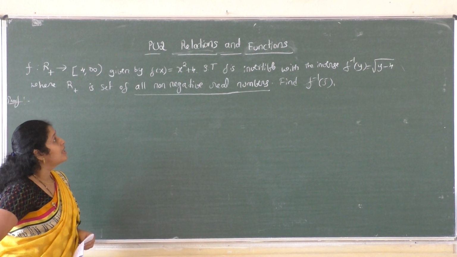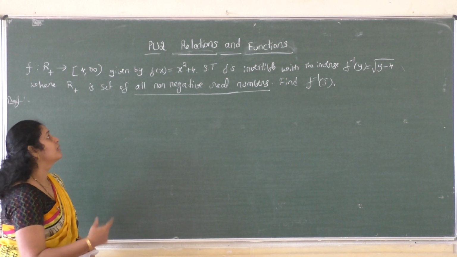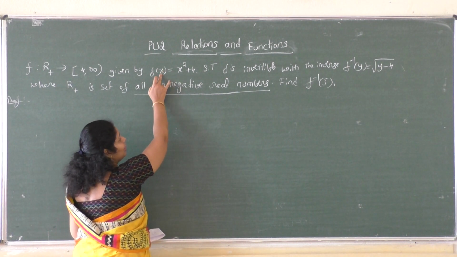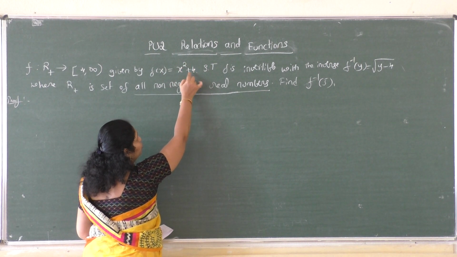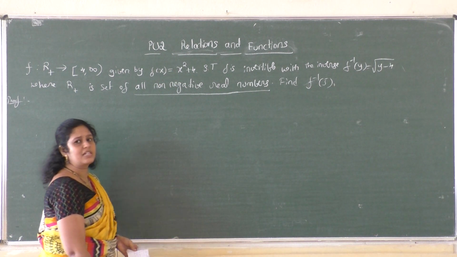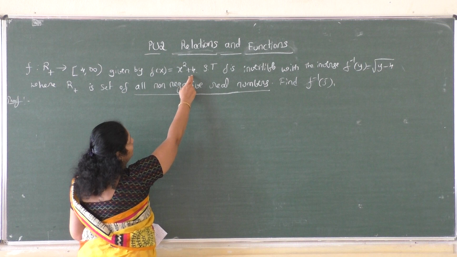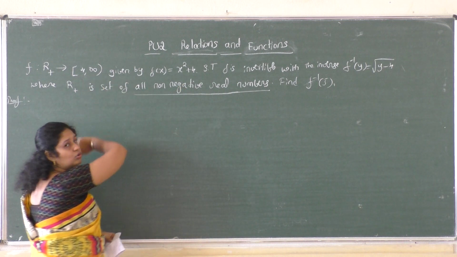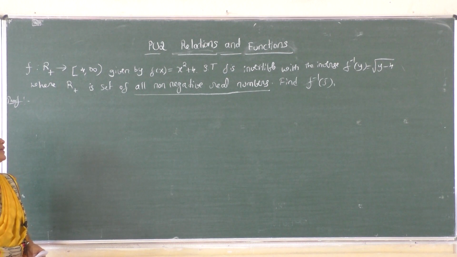For the maximum, 4 plus x square can go till infinity. For the minimum, if you take 0, we get 4. So the range is the half open interval 4 to infinity.